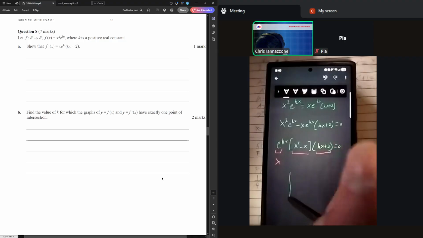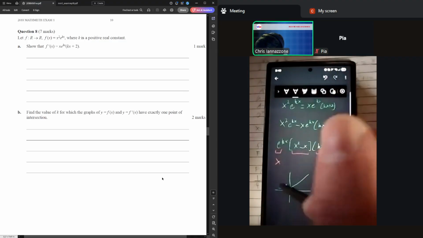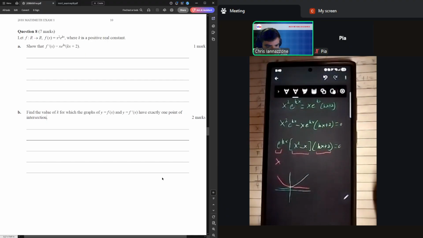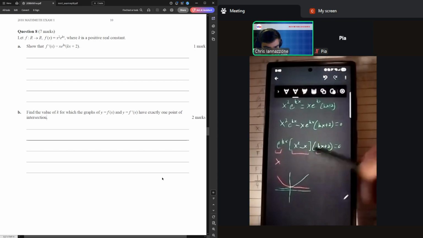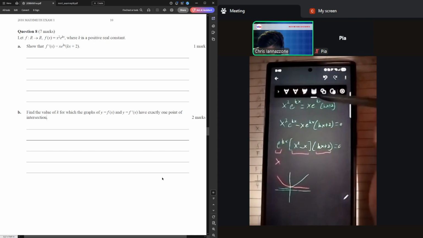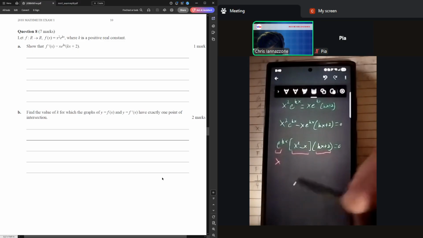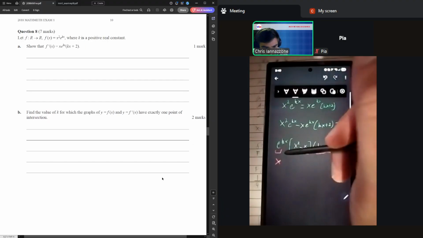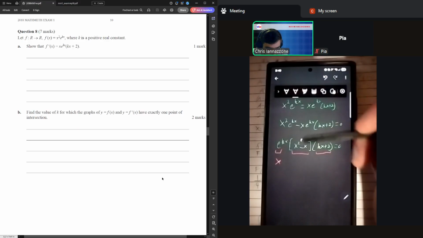Because any e to the kx could look like that or like that, depending on if k is positive or negative, both of which have asymptotes at 0. And since it never actually equals 0, yeah, I guess you could say it's undefined at y equals 0, rather than talking about it from the perspective of x. I don't think that's strictly wrong. But okay, the point is this one doesn't contribute any solutions.